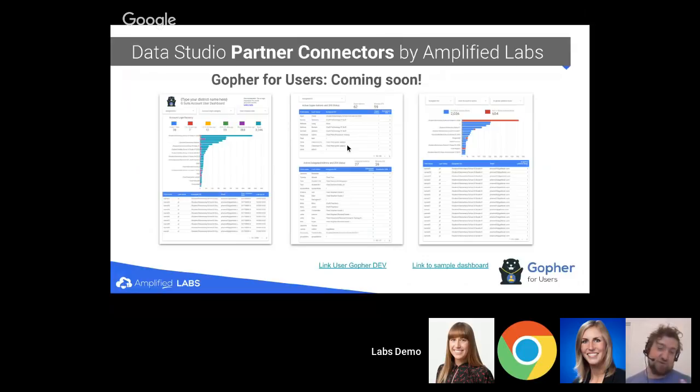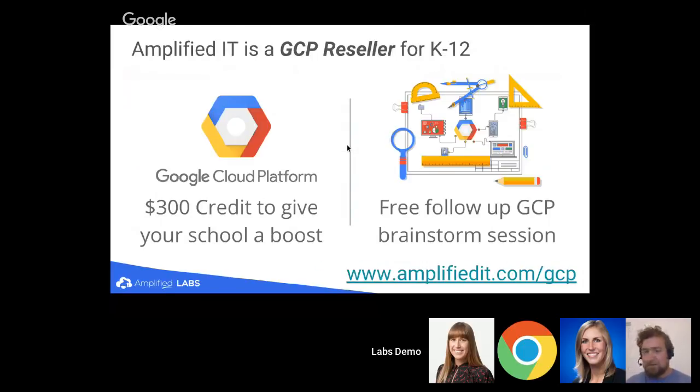If you're trying to make sure that you have a really secure set of administrative accounts that all have 2-factor enabled, it's a great window into that. And then there's directory visibility, which is a just about to be released part of Gopher for Users. These connectors live in a gallery, basically. When you go to choose a data source in Data Studio, you can just type Gopher and you'll see our connectors right there in the gallery.